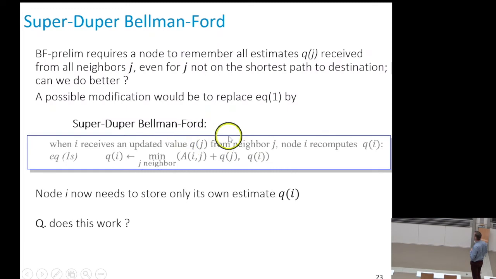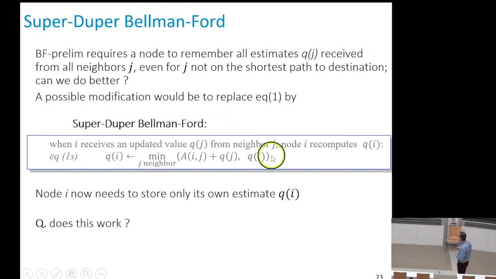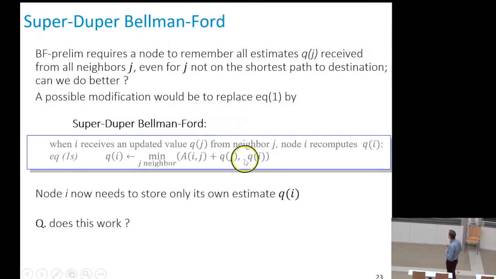Whenever a neighbor gives me a new value, I compare to this, which already encapsulates all the best information I had so far, and I compare this to what I would have if I go via this neighbor. If this neighbor did not change his mind, this will be the same as before. But if this becomes better, perhaps this gives me a better route. So I would update it if it's the better thing here.